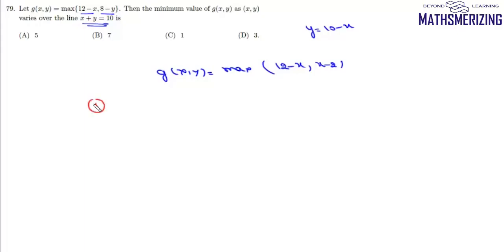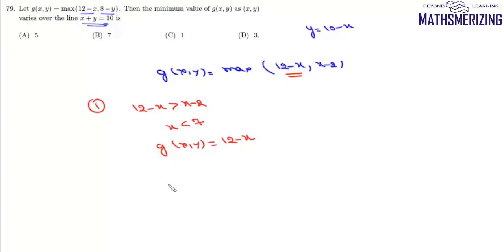Now we'll consider this first case when 12 minus x is greater than x minus 2. That is when the value of x is less than 7. So in that case, 12 minus x is greater than x minus 2. So g(x,y) will be 12 minus x.